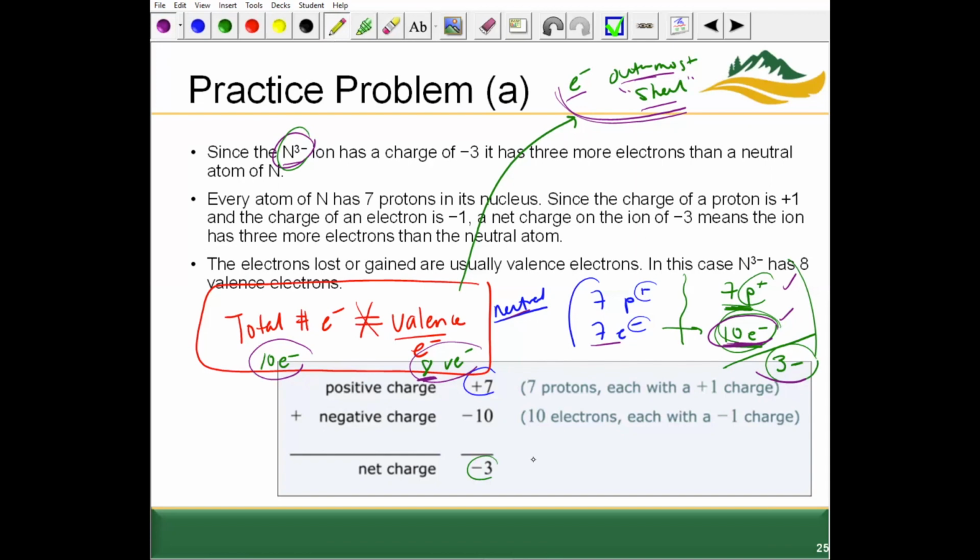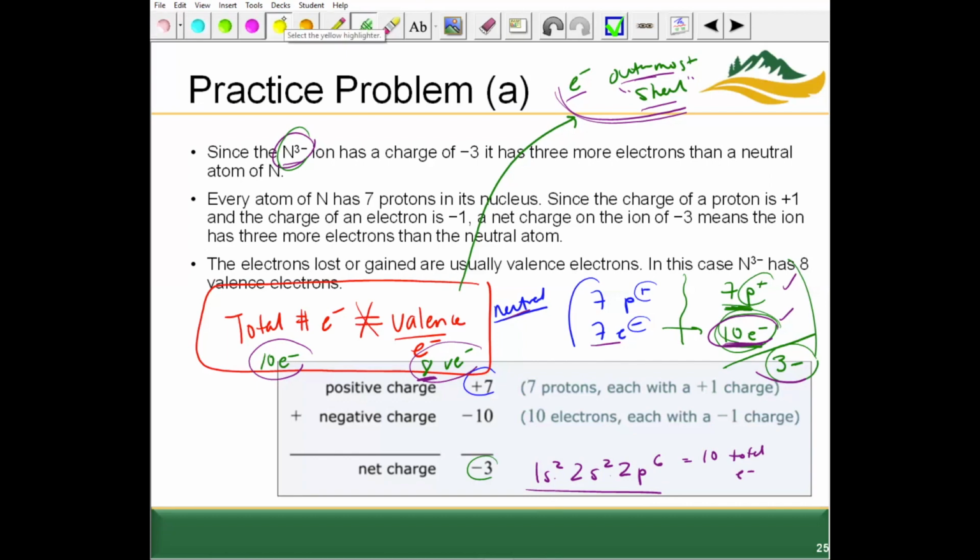With 10 electrons, we're going to fill up the 1s orbital first. So 1s2, then 2s2, then 2p6. That is 10 electrons now, right? 2, 2, and then plus 6. That's 10 total electrons. Why then do we say we only have 8 valence electrons?